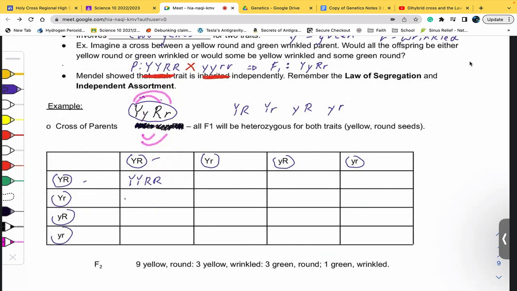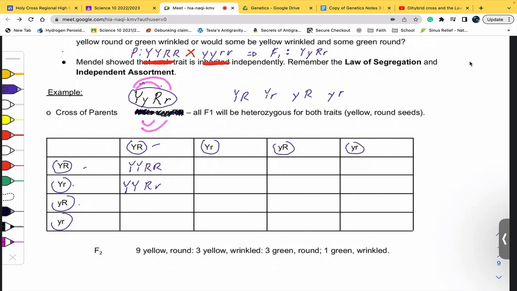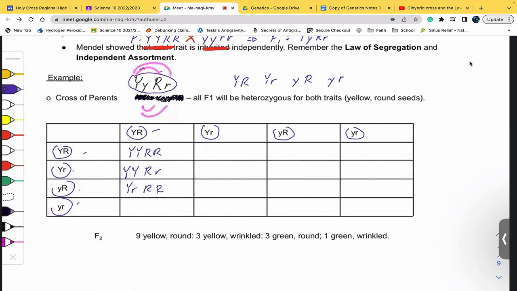We'll cross this one here, and then this one here, and then this one here. Okay, and do the same thing, start again here.